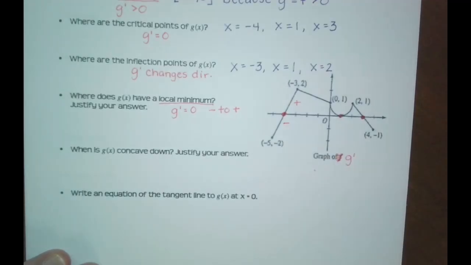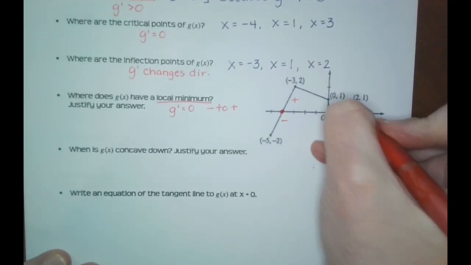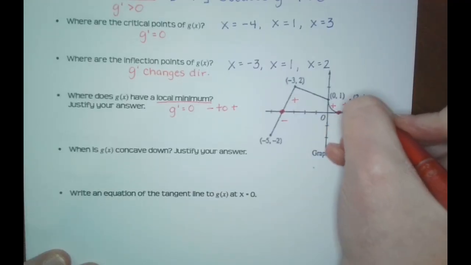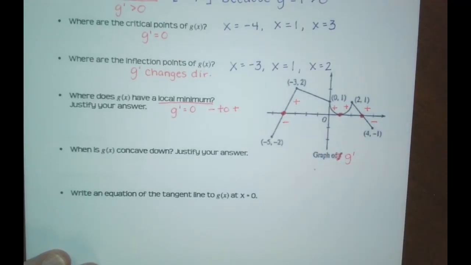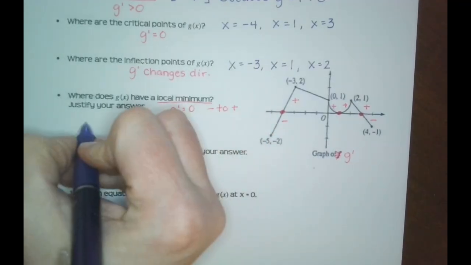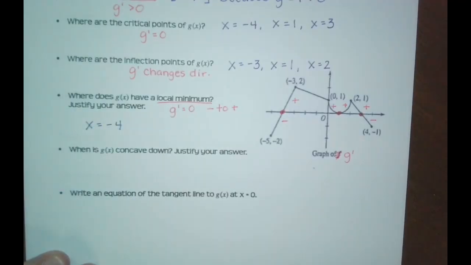That's happening right here. Here we are positive to positive, so this one actually isn't a maximum or a minimum, right? And this one goes positive to negative, so that would represent a maximum. So my answer to this question would be x equals -4. This one does ask for a justification.